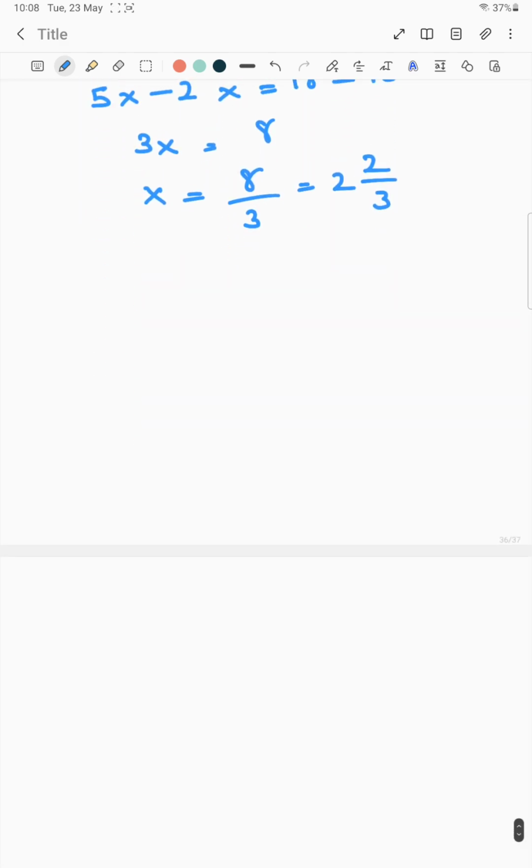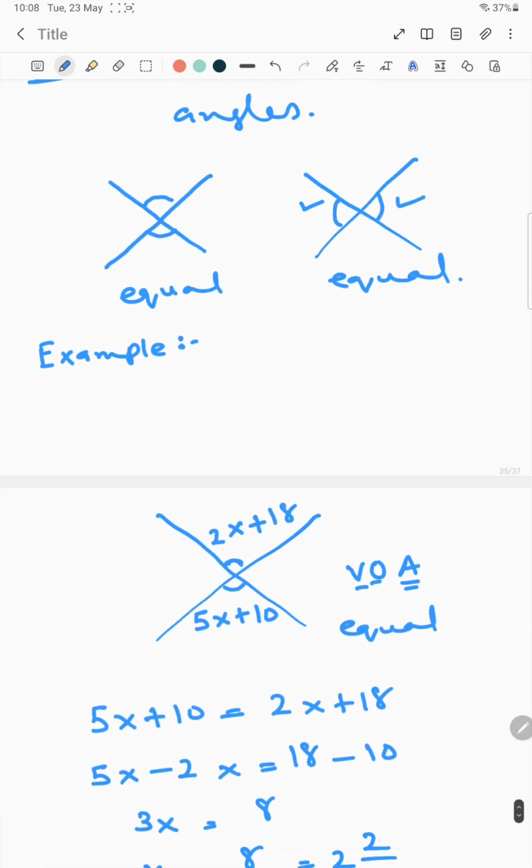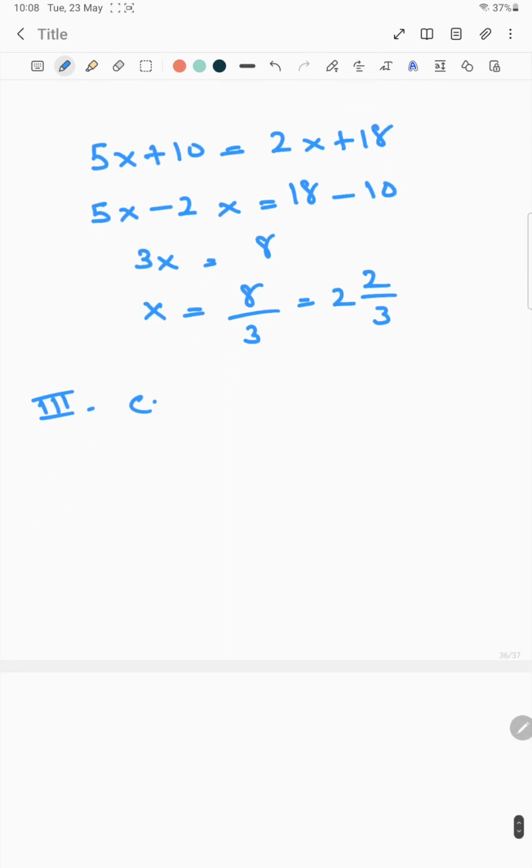After this, we have to see the next property, and the third property is corresponding angles. Yeah, it is fourth property. Fourth property is corresponding angles.